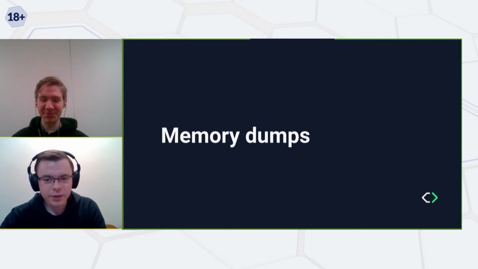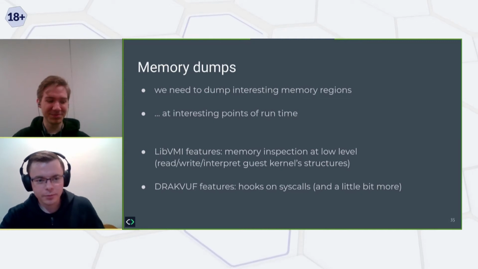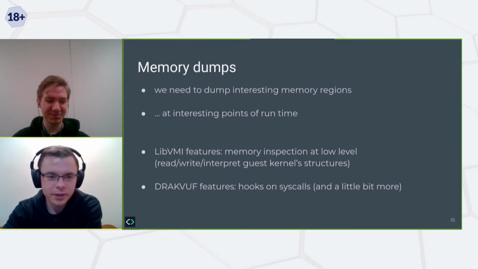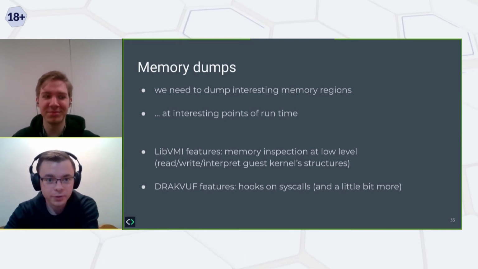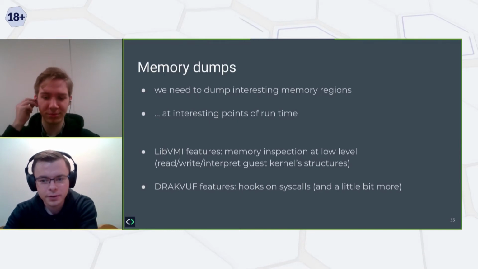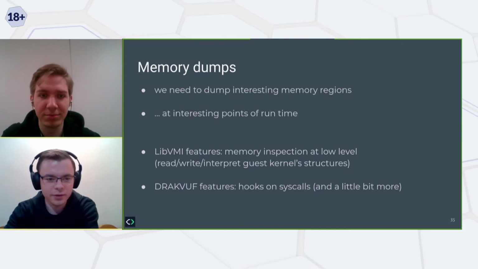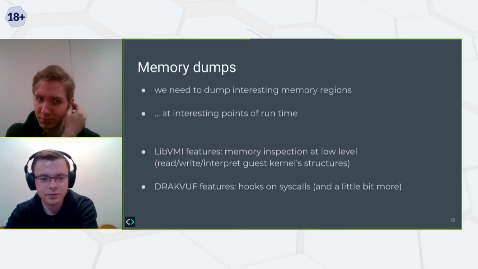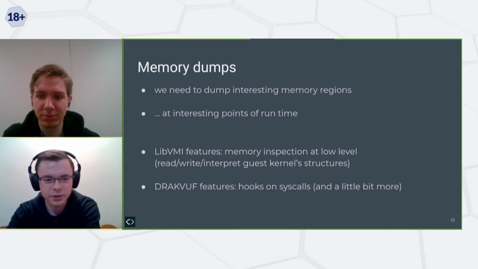Okay, so let's start with the memory dumps, how to make memory dumps. As I said before, we need to dump interesting memory regions at interesting points of runtime. In order to accomplish that, we already had existing fundamentals, which were DRAKVUF features, so we could make stealth hooks on system calls and a little bit more.